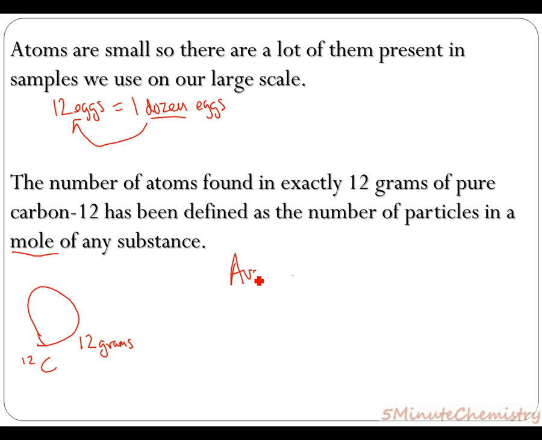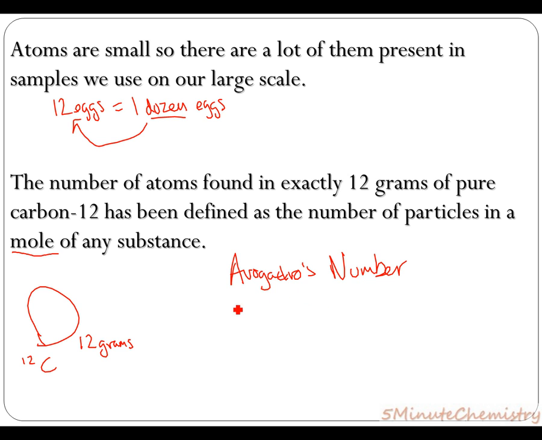Now we have a name for this number. It is Avogadro's number, named after Avogadro, a famous mathematician and scientist. I believe he was an attorney as well. But essentially, he did some studies with gases, and that led to him having this number named after him.